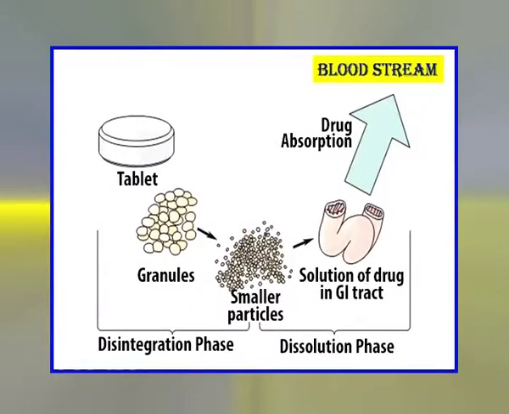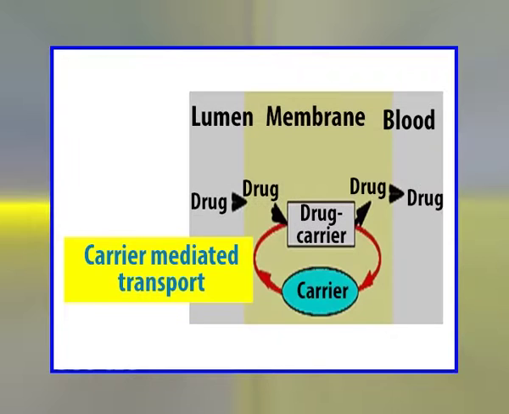Once dissolution has occurred, the drug molecules must pass through the selectively permeable membranes of the cells lining the gastrointestinal tract to reach the bloodstream. Depending on their chemical and physical properties, drugs will be absorbed either by passive diffusion or carrier-mediated transport across these membranes.